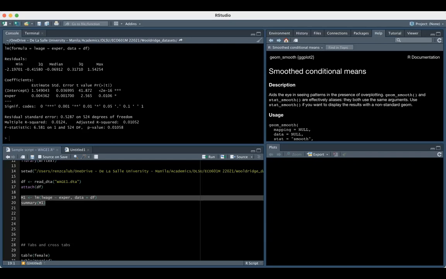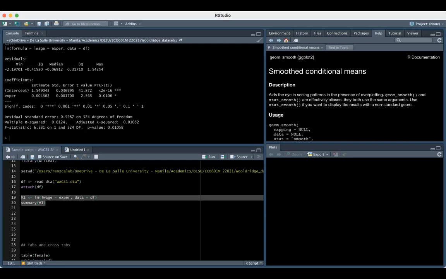In this case, the p-value is 0.011, which means that it's statistically significant at 5%. It's above 1%, but it's below 5%, so it's still statistically significant.